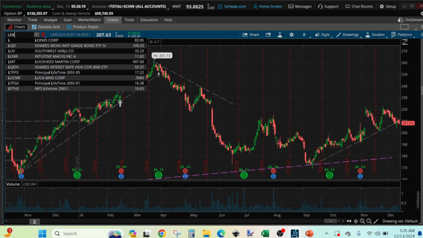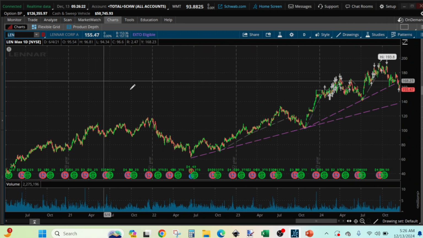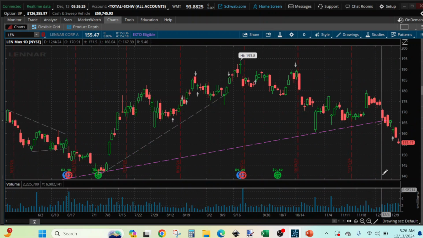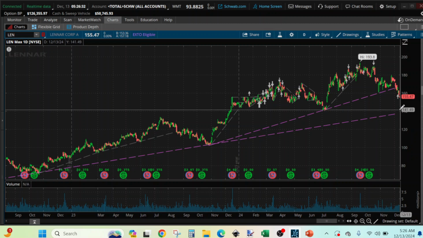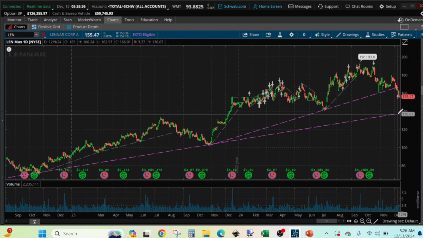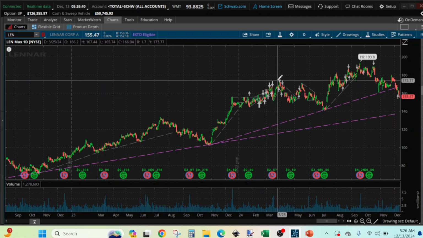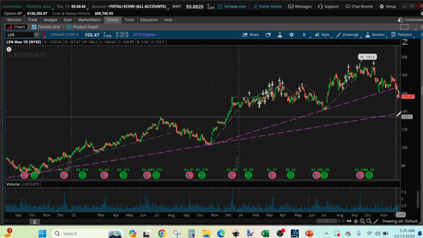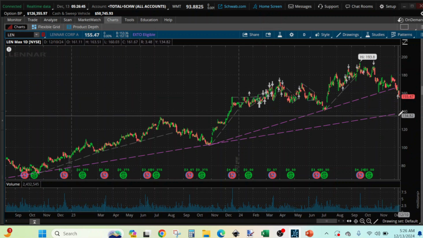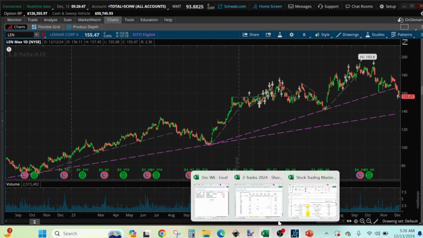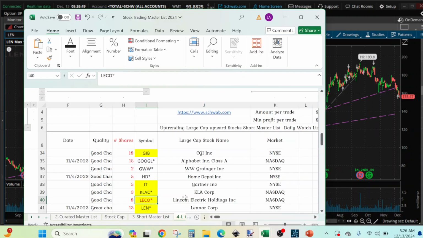We bought this one not too long ago, and as you can see, it's going down. So it seems to me that LEN is targeting this one. So if it comes back down here, we might buy some more, because from here, yeah, it'll be a long ride. If it comes back down here, we might buy some more. We can just keep analyzing it every day.